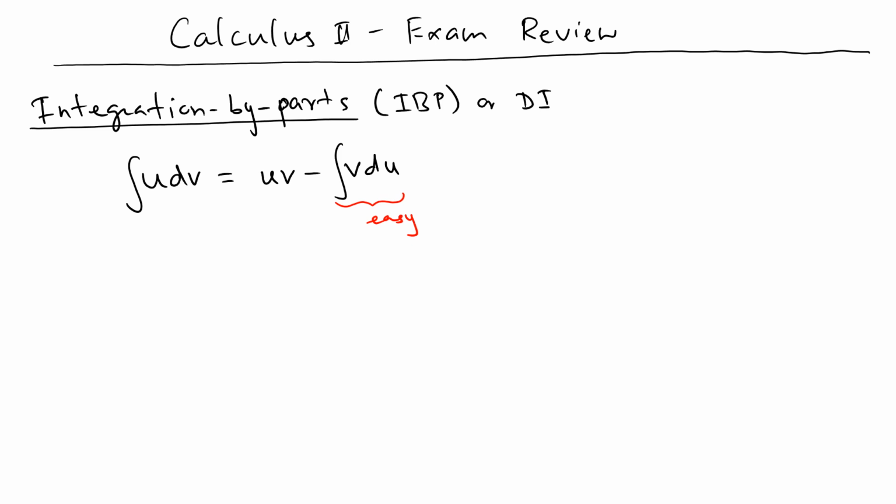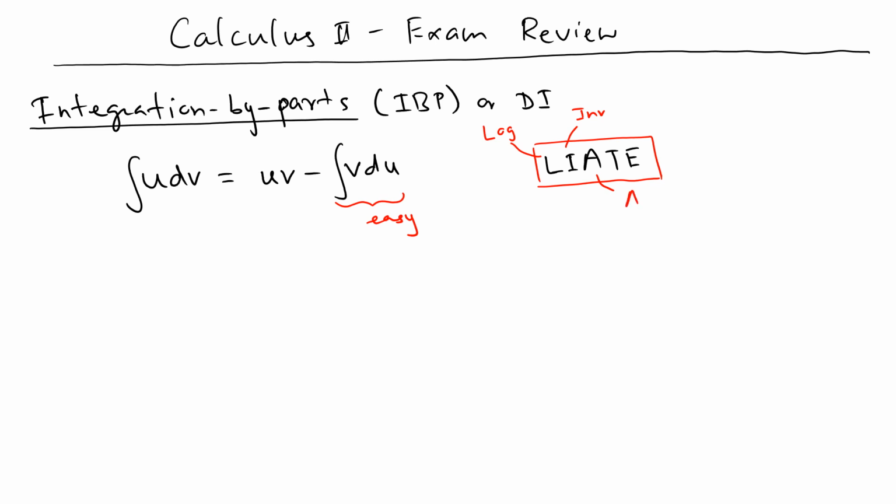For that, we're going to use a technique called LIATE, because the idea is how to pick which one you're going to pick as the U. There's a technique that works most of the time. Here, L means the log functions. I means the inverse functions, like inverse sine, inverse cosine.